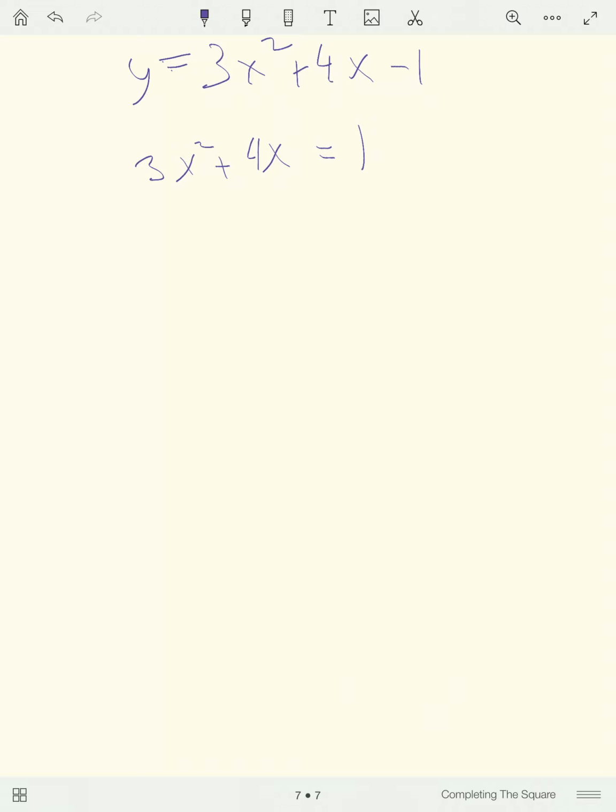It's more important to get that a term down to 1 inside those parentheses. If we factored a 3 out of the left side of the equation, we would get 3 times (x squared plus 4 over 3 x), leave our space here, equals positive 1.